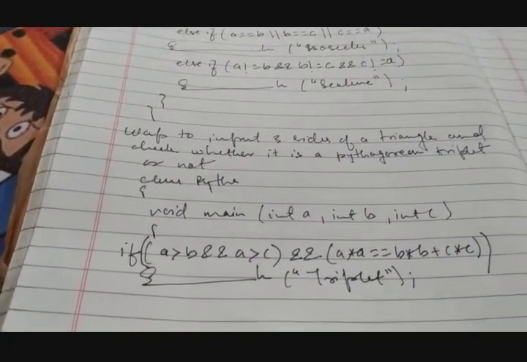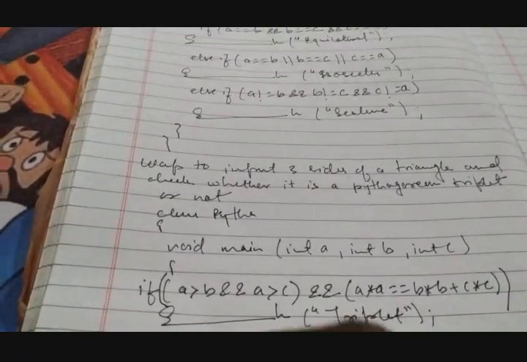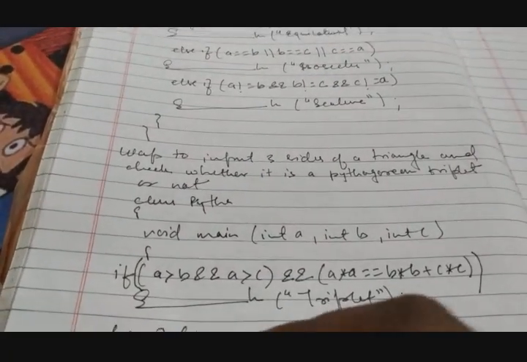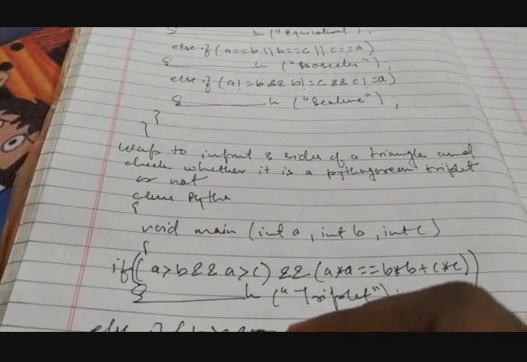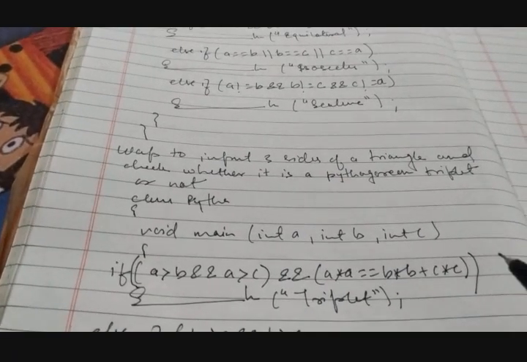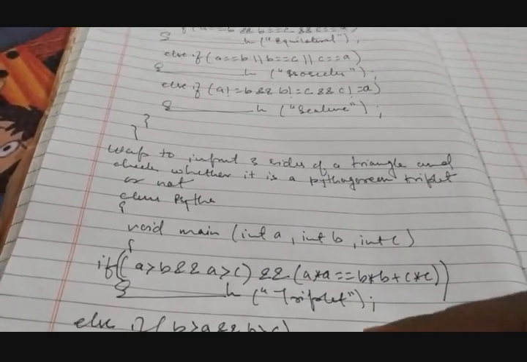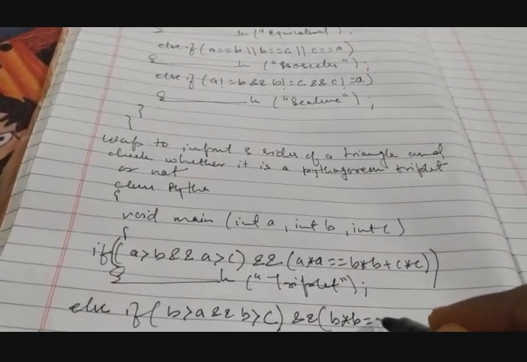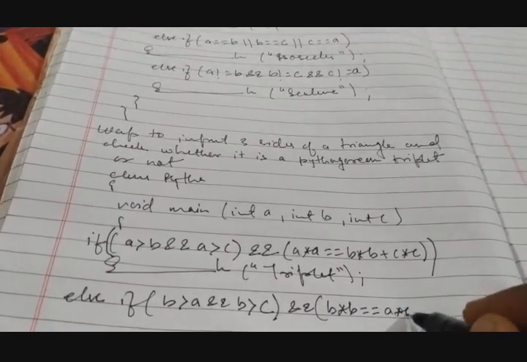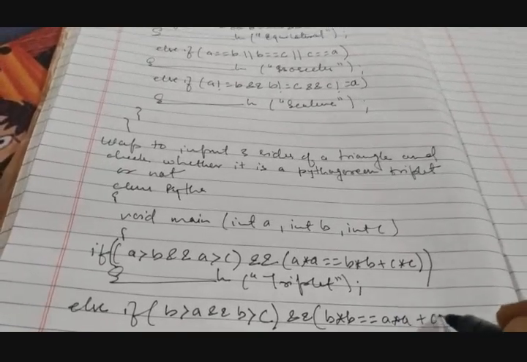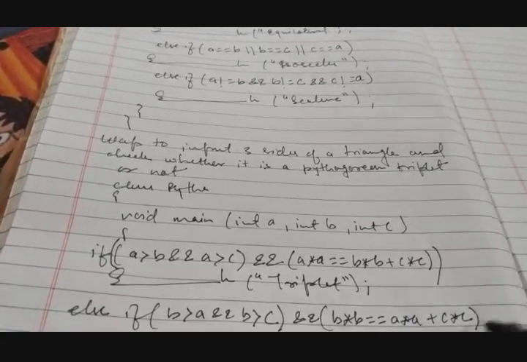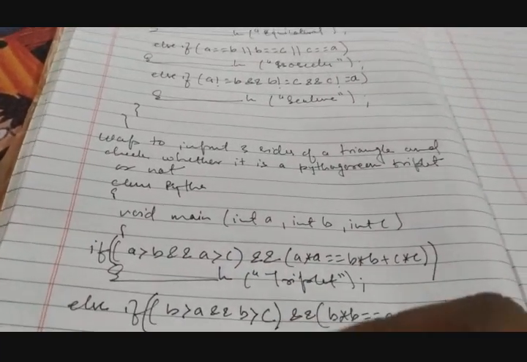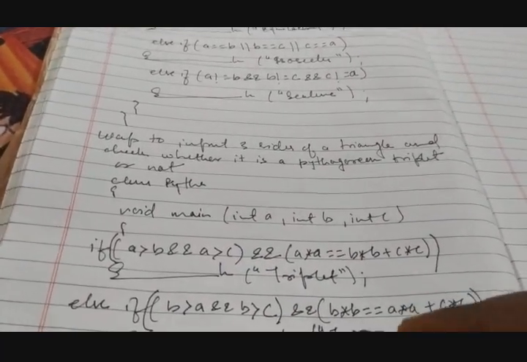It may be possible that A is not the greatest side. So else, if B is greater than A and B is greater than C, then B into B equals A into A plus C into C. Then it is a triplet.